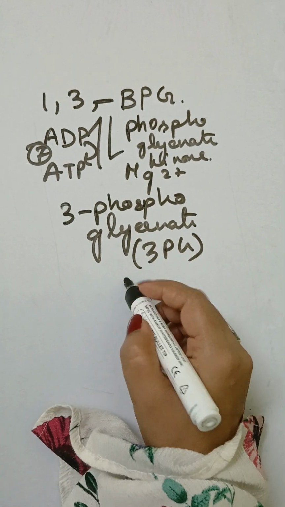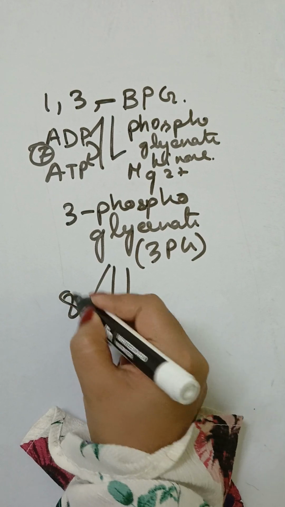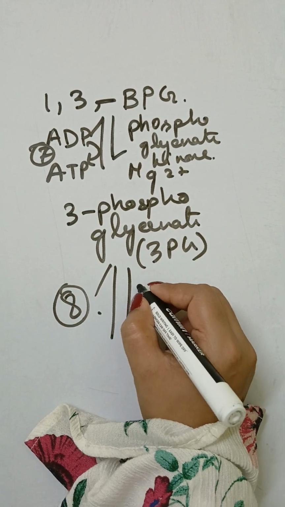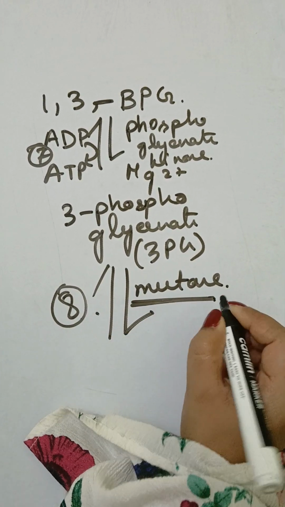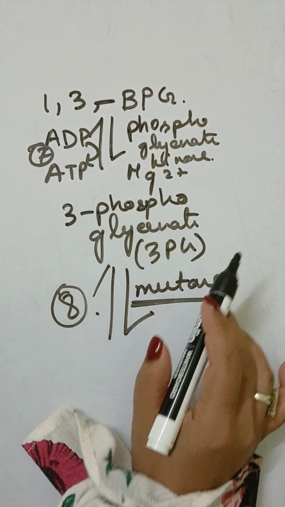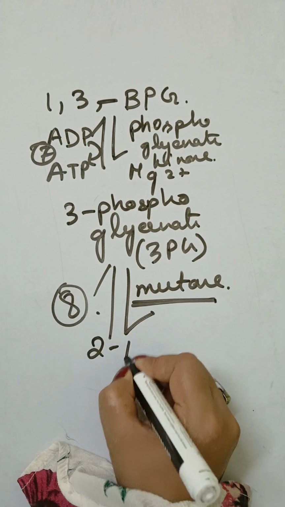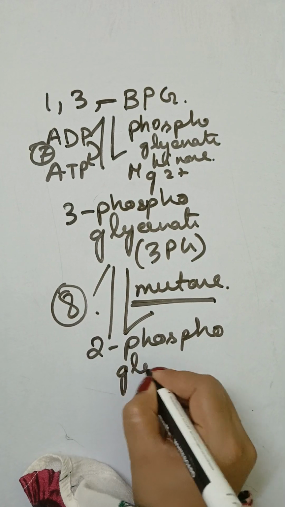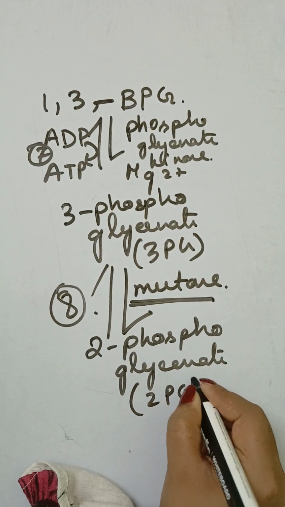Now from this, in the 8th step of the reaction, with the help of phosphoglycerate mutase, it's a mutase enzyme, just the name is the same, it will give rise to 2-phosphoglycerate, also known as 2PG.